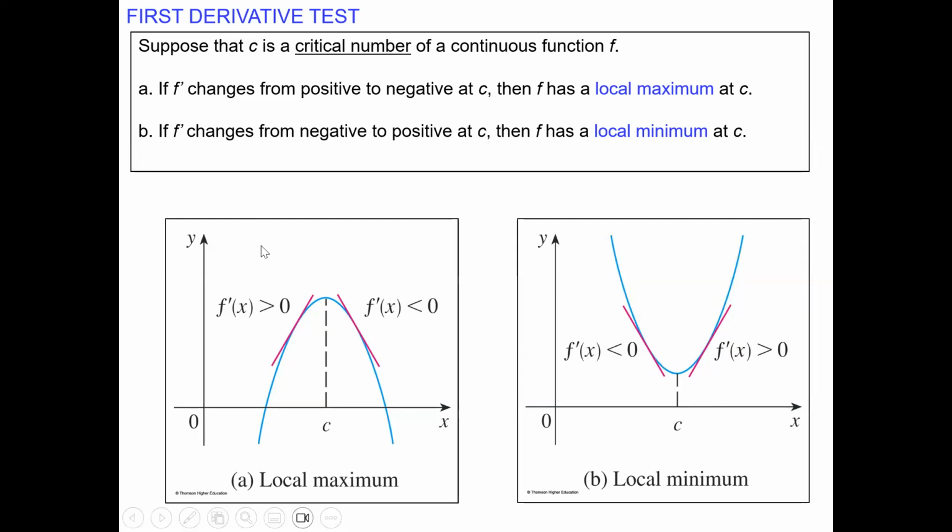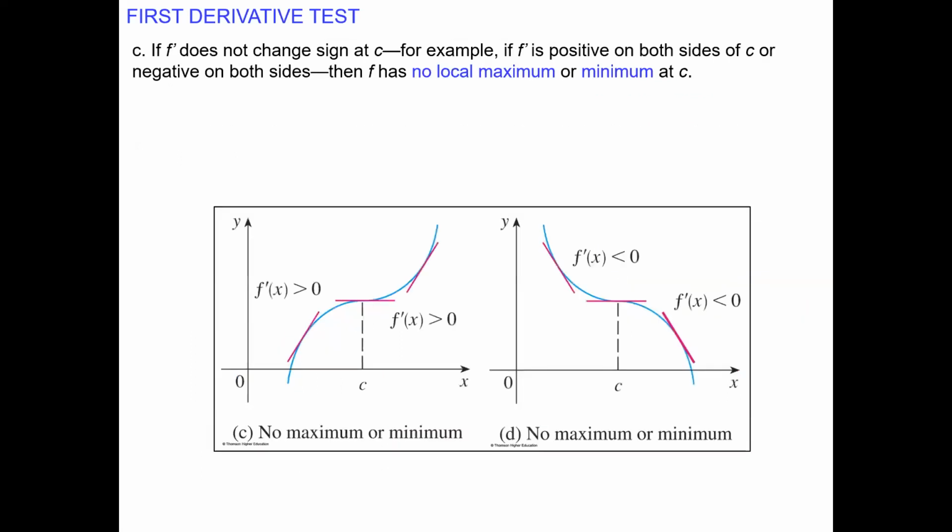But what we have to do is test the sign of the derivative on the left and the right-hand side of the critical number. We may have a critical point, let's say a horizontal tangent, and we test the sign.